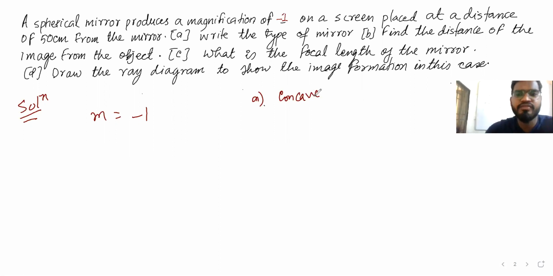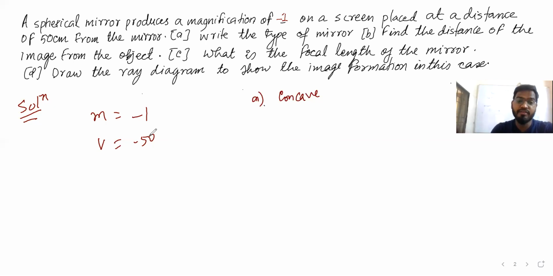Magnification is -1, and the screen is placed 50 centimeter from the object. So the screen is placed at 50 centimeter, which means the image is placed at minus 50 centimeter. Why minus 50 centimeter?